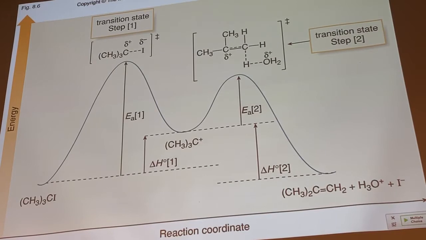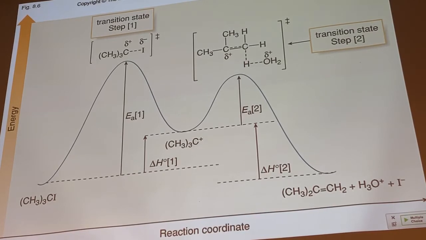But because the more substituted alkene would be the major product, there's enough of a partial double bond there to give enough of an energy difference to cause the more substituted alkene to be the major product. Okay, so this will follow Zaitsev's rule due to the presence of that partial double bond in the transition state of the second step in the reaction.